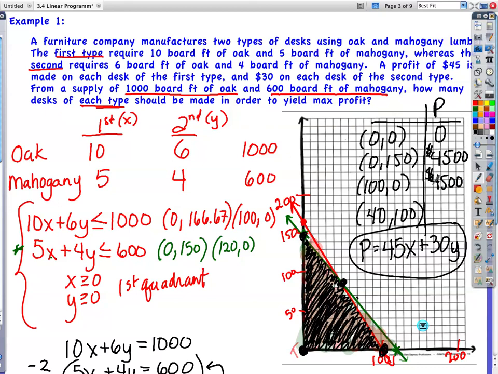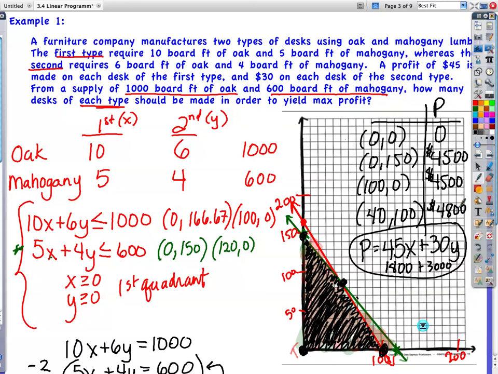I don't get to add any to this. And then get this, 40 times 45 is 1,800. Plus 30 times 100 is 3,000. So if I add those together, then I'm going to get $4,800.